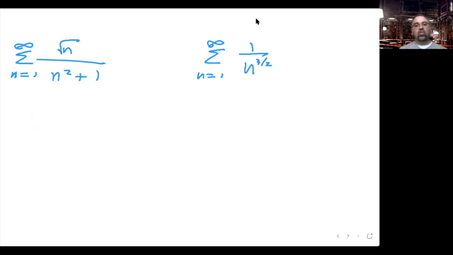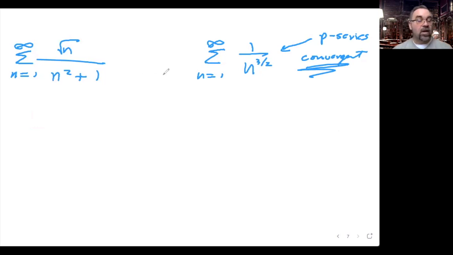And we know that this series is a p series, and more importantly a convergent p series, because p is 3/2, which is greater than 1. So we want to somehow compare these two series together.